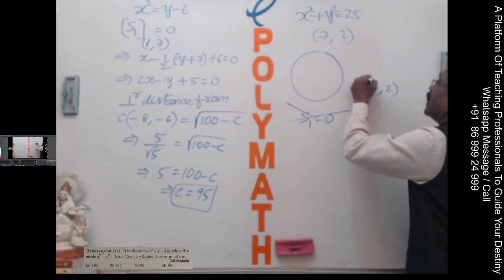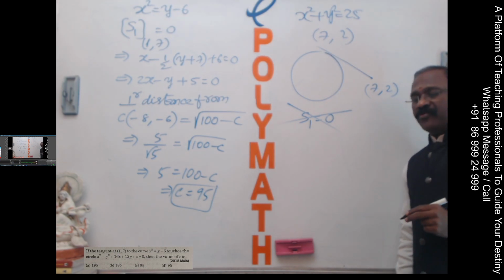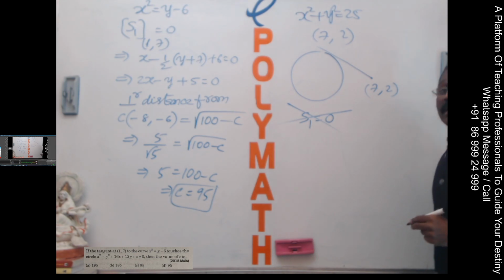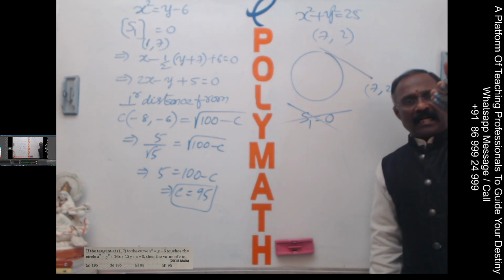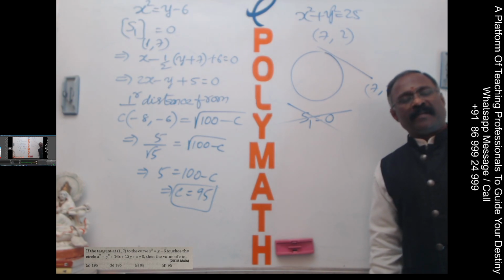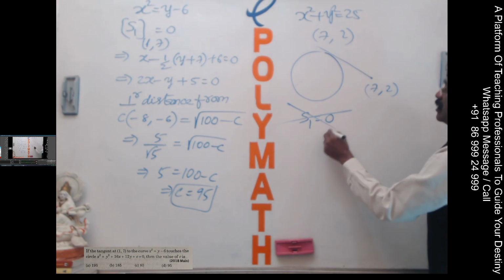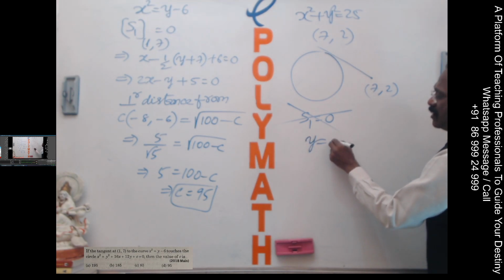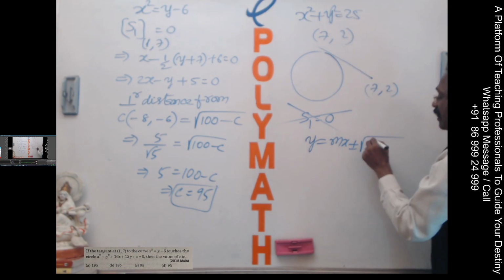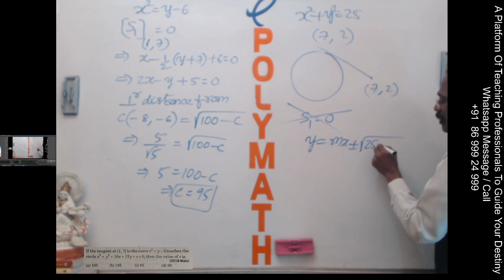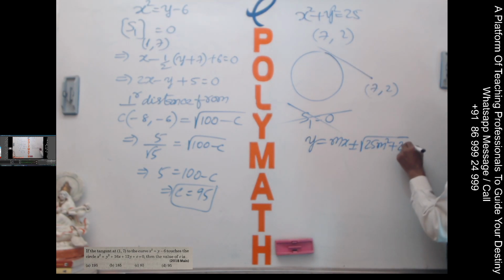Now, if this point is lying outside, I am interested in this tangent. So, to find the equation of the tangent, you can make use of the condition y is equal to mx plus or minus root over a square m square plus a square, which is y is equal to mx plus or minus root over 25m square plus 25.